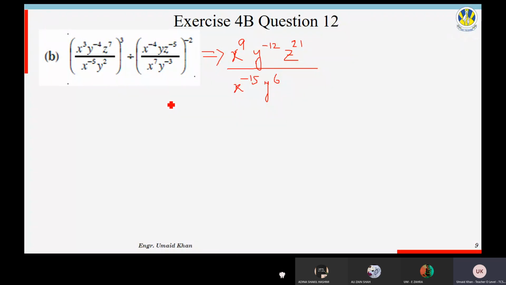Okay, so what will be the next step? Expand the remaining terms. The 2 will multiply. So what will be the answer?